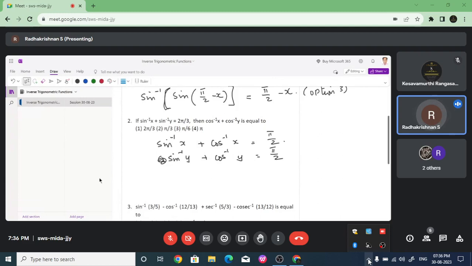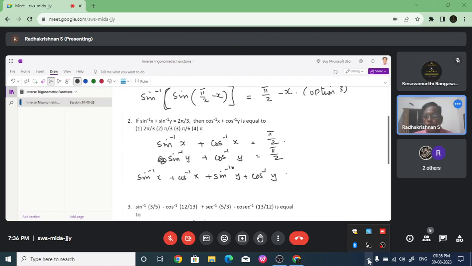You simply write everything. So adding equations 1 and 2, pi by 2 plus pi by 2. Now they are given just slightly differently. This plus this they are given, and what is this plus this? We know the sum of all of them is pi. That's all we do.